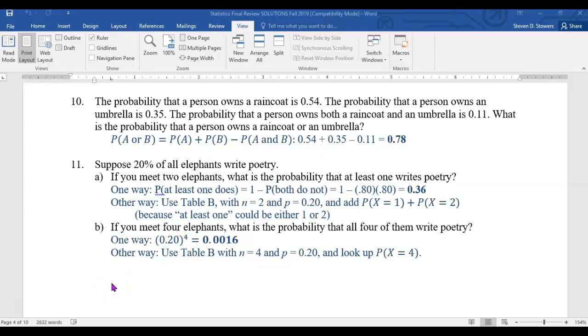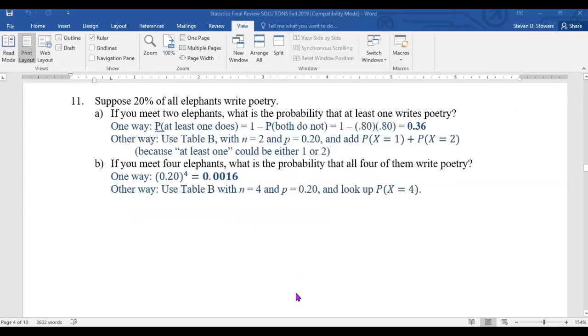All 4 of them write poetry means that the first one does, and the second one does, and the third one does, and the fourth one does. So you would be multiplying 0.20 times 0.20 times 0.20 times 0.20. That comes out to be 0.0016. If you looked it up on table B, it would come up as 0.002 because they only give 3 digits after the decimal point, but that's close enough.